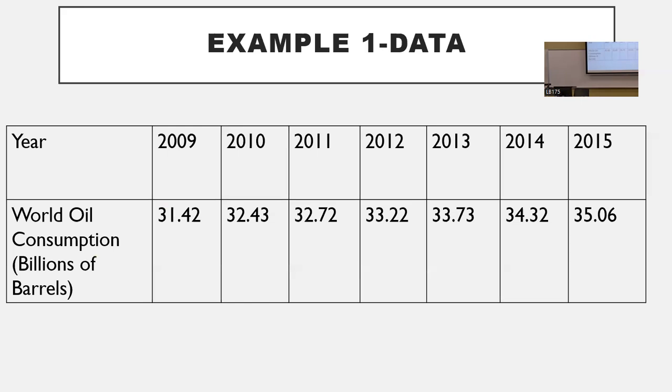In the year 2009, the world oil consumption in billions of barrels of oil was 31.42. So 31.42 billions of barrels of oil. And you can see that consumption each year from 2009 through 2015.